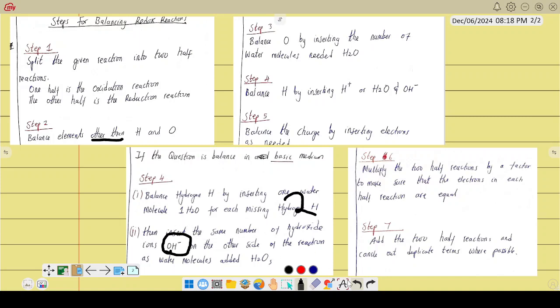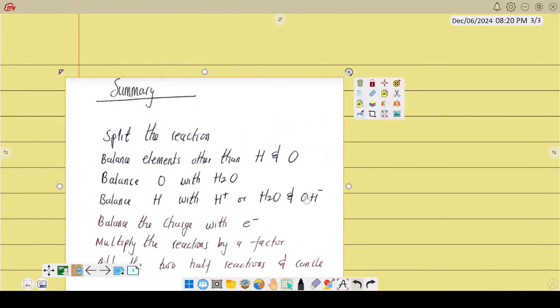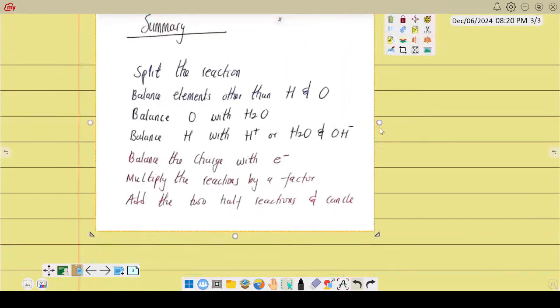Yeah, just like that. So these are the steps which you have to remember. So let me summarize them on the next picture. Okay, so that's our summary. So I can zoom in just for you to see it clearly.